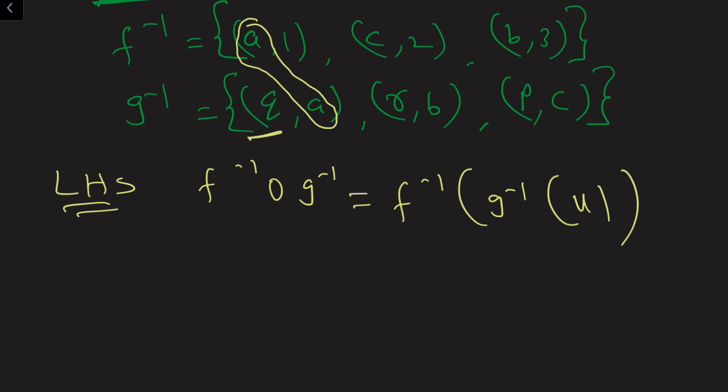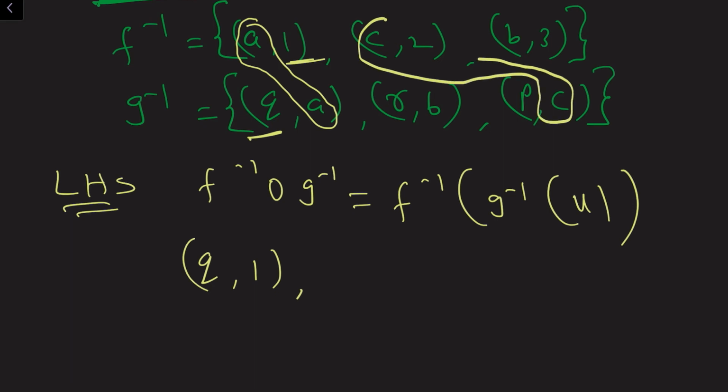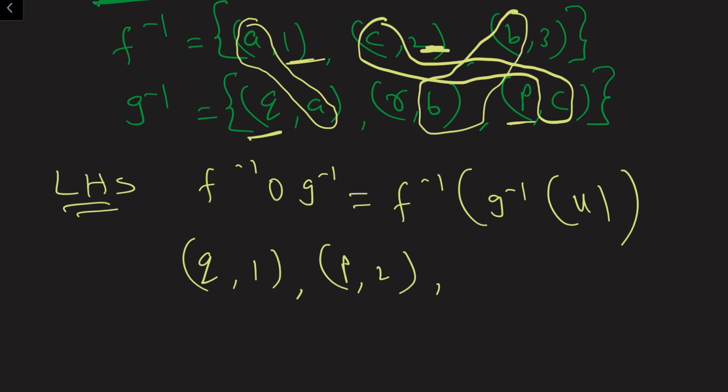Here q is the first and 1 is the second, so it becomes (q, 1). Next, c is there in both, so I will remove those c's. Remaining will be 2 and p, so (p, 2). Then b is there in both, so I will remove those b's, leaving r and 3, so (r, 3). This is the value of f inverse of g inverse.